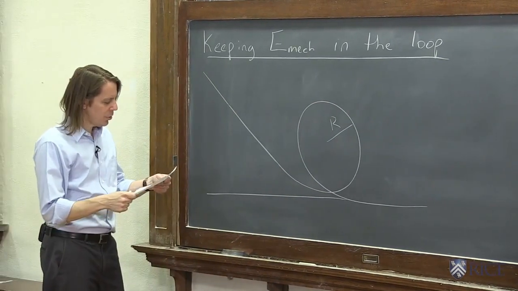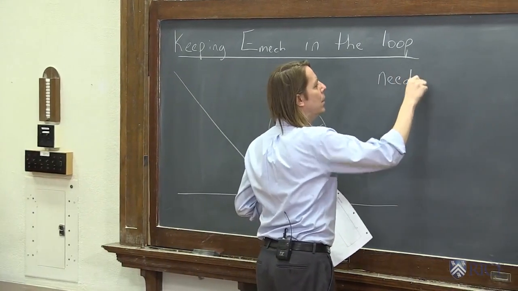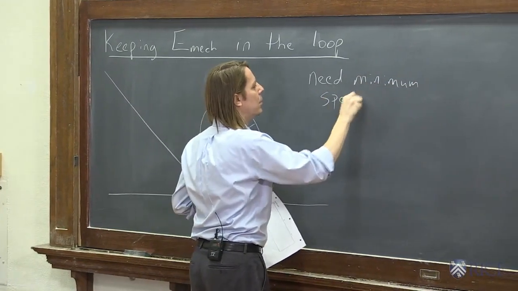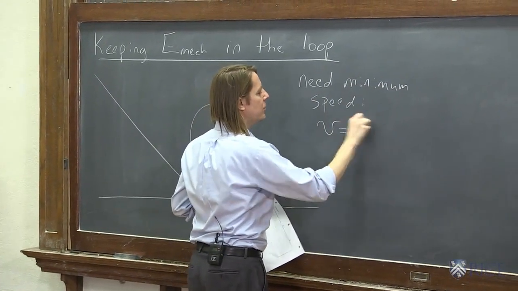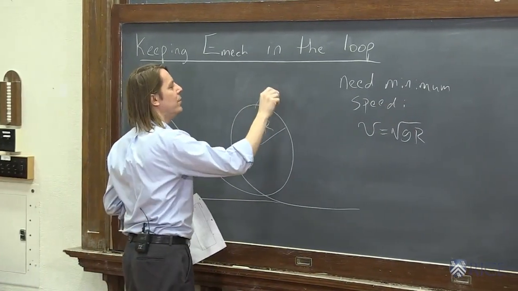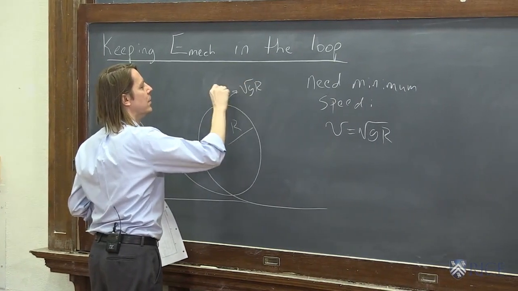So you may recall, thinking back, we need a minimum speed back on the circular motion part. v equals the square root of g times r. Remember, that was the speed it took, over hill and under hill, to stay on the track. Square root of gr.